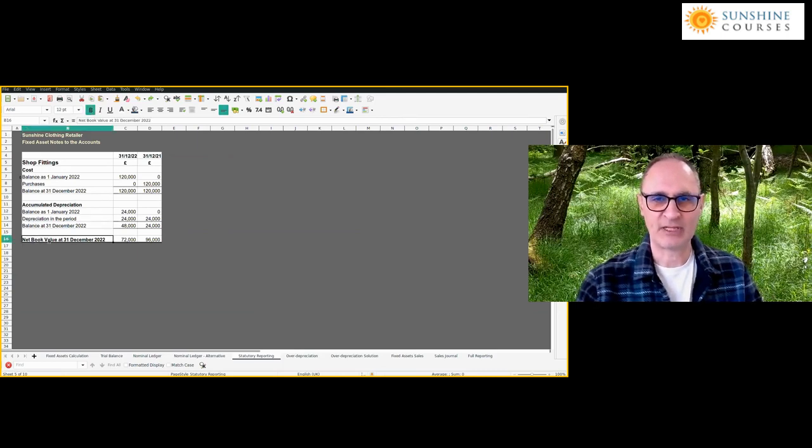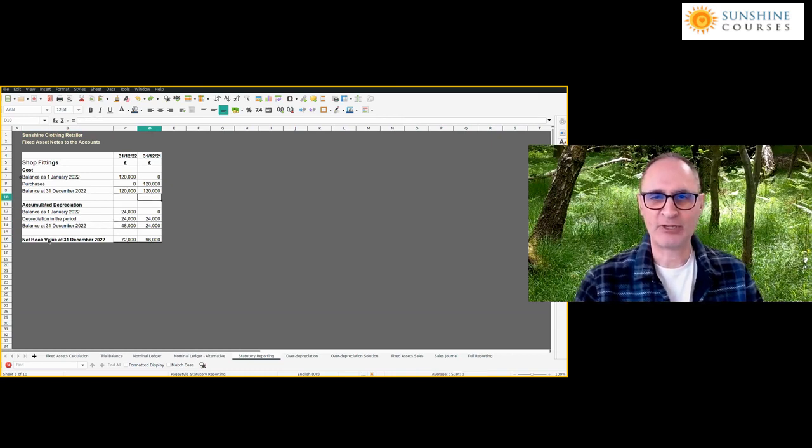And the reason we do it this way is to give users of the accounts a sense of how old our assets are. And when we come along to looking at the balance sheet and analysing the balance sheet at some stage in the future, you'll know that the older the assets are, the more likely you're going to need cash flow to buy new assets. So the reason we set up the notes to the accounts in this way is to give us a hint as to how old our assets are by looking at what the accumulated depreciation is relative to the cost.